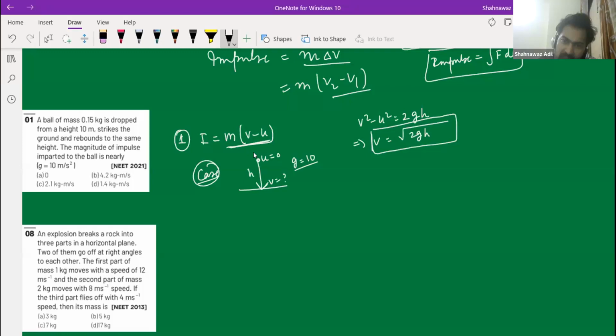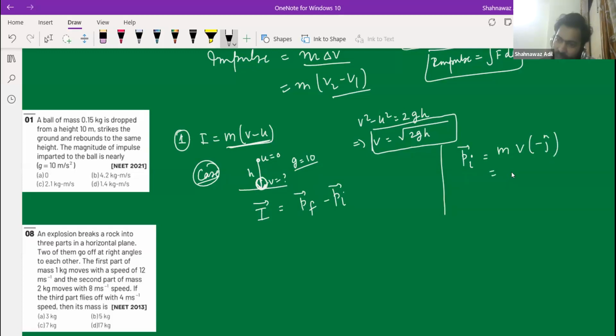Impulse is a vector quantity. So this is the final momentum. Initial momentum would be mass into v, with the velocity with which it strikes. So that is v, and the direction is minus j hat.